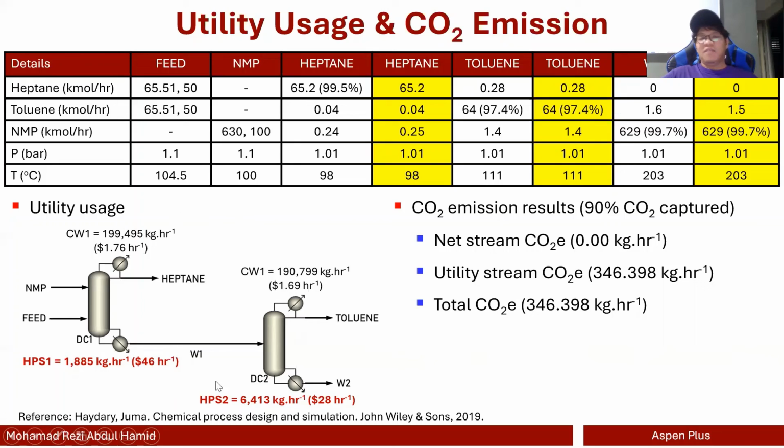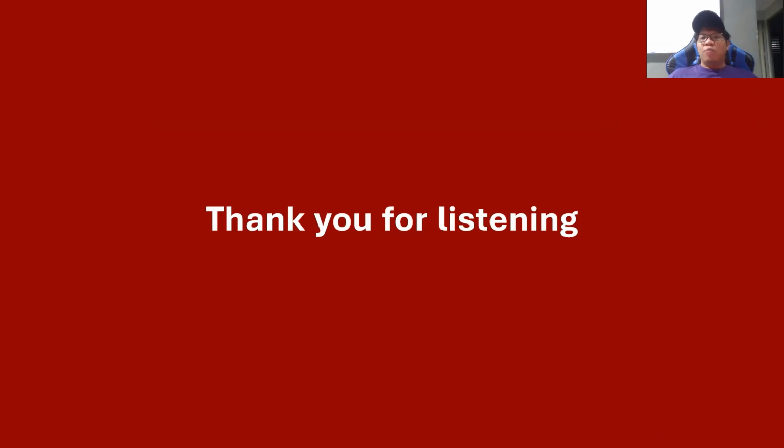This is a physical process, and I don't do any chemical processes in which I produce CO2, meaning I don't have a net CO2 production. That's why my net stream CO2 is also 0. Utility I do have, and the total CO2 emission equivalent is basically net stream plus utility stream, which is 346.398.